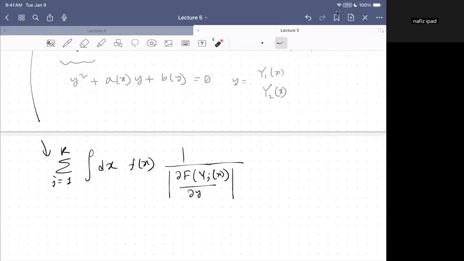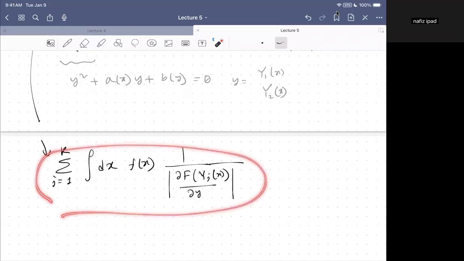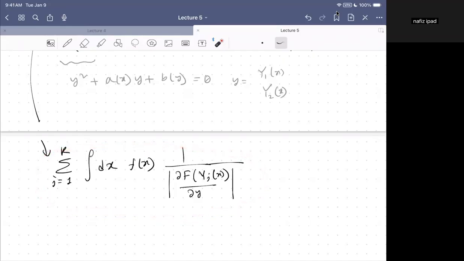Seems okay, right? But there is still one problem remaining with this expression. Other than the fact that, again, as I said, you can be clever with your choice of function so that it only has one solution, in which case k will be 1 and there will be no sum, just that one solution. So that's fine. That's not the problem.